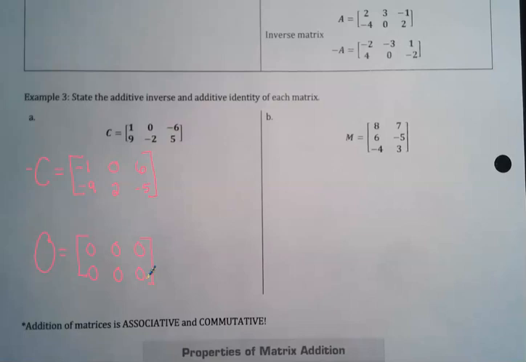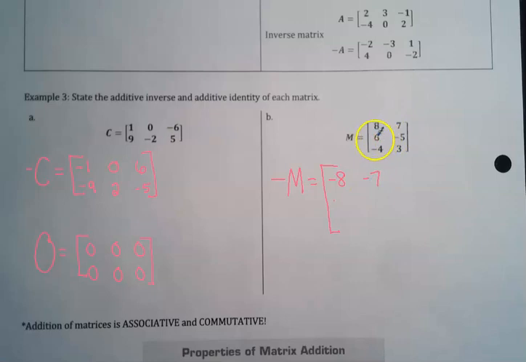Okay, so for matrix M, same thing. Let's do the additive inverse. So negative M is going to equal, okay, this one is a 3 by 2. So I always do the column first instead of the row. So if we have 8, the inverse of that is negative 8. 7, so we're having negative 7.